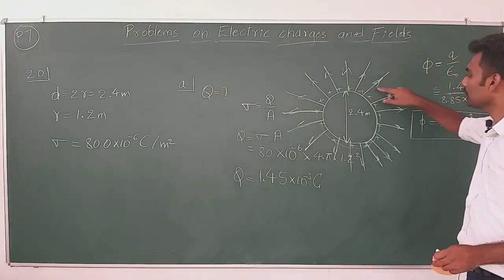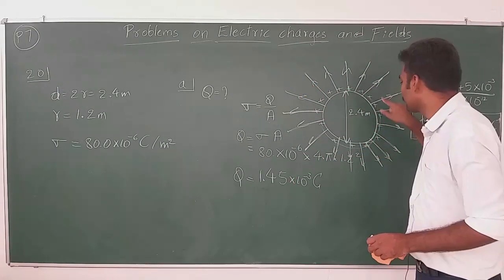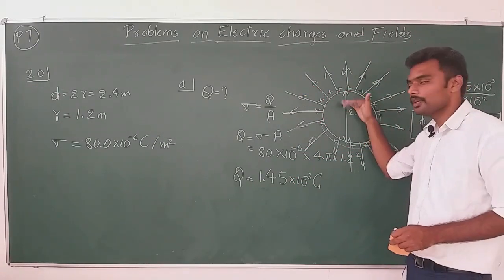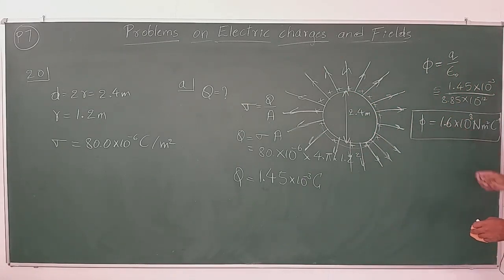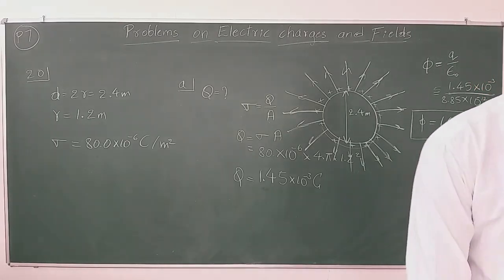Now in this situation the Gaussian surface is almost on the surface, so the total flux phi is equal to 1.6 into 10 to the power of 8 Newton meter squared per coulomb.